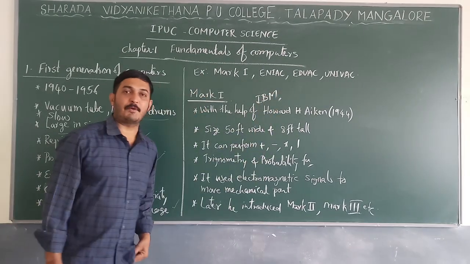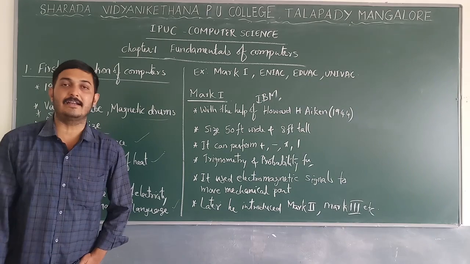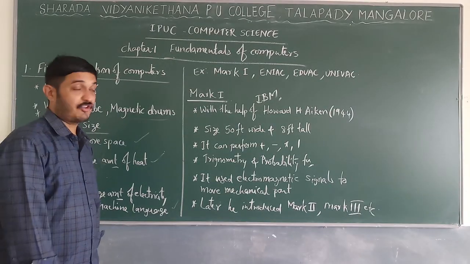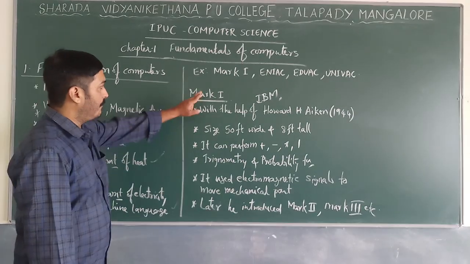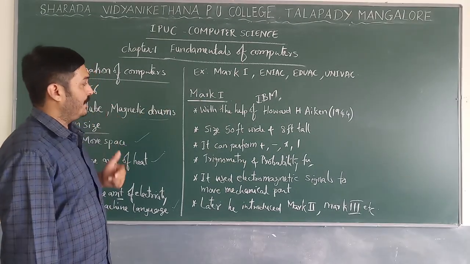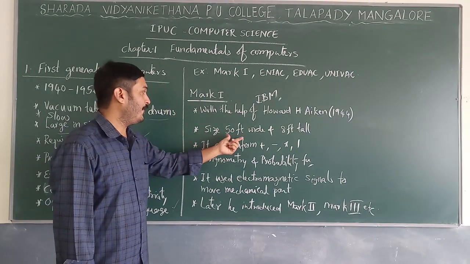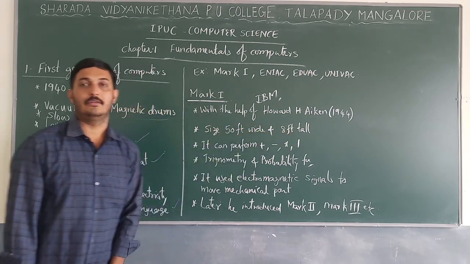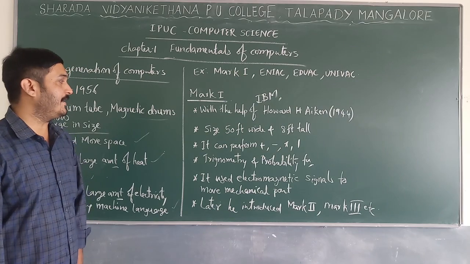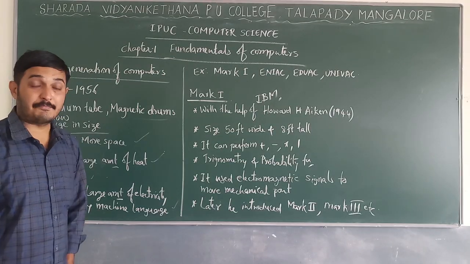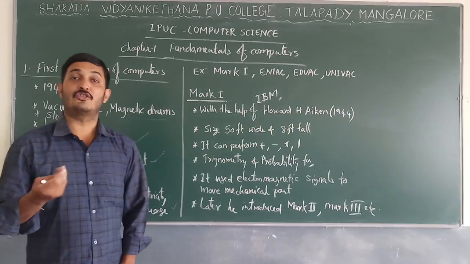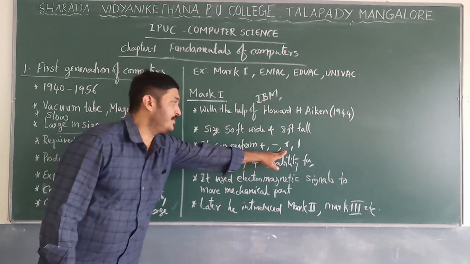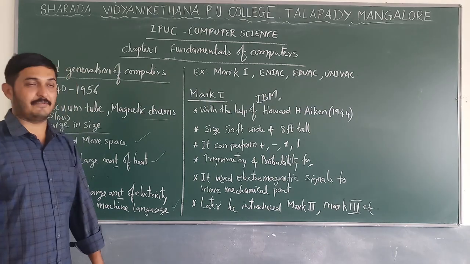You know the expansion of IBM, it was given in the last class: International Business Machines. It's a big business organization. Mark I requires a size of 50 feet wide and 8 feet tall, and it can perform addition, subtraction, multiplication and division.